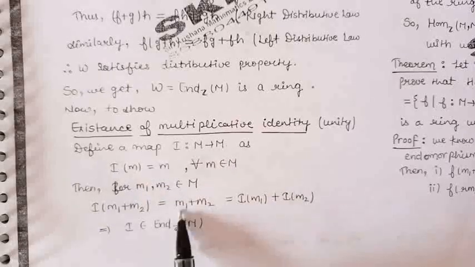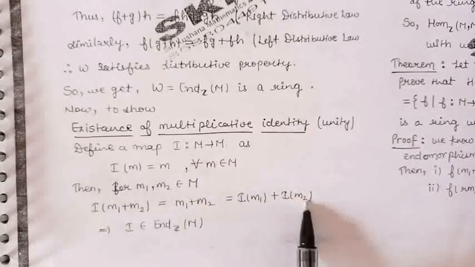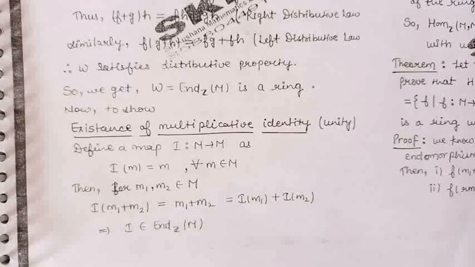Now from here, M1 is I of M1 and M2 is I of M2. So this proves that I is an endomorphism of module M.